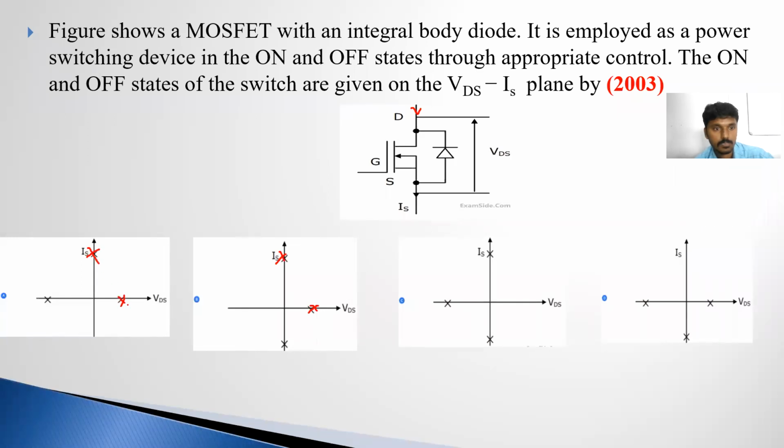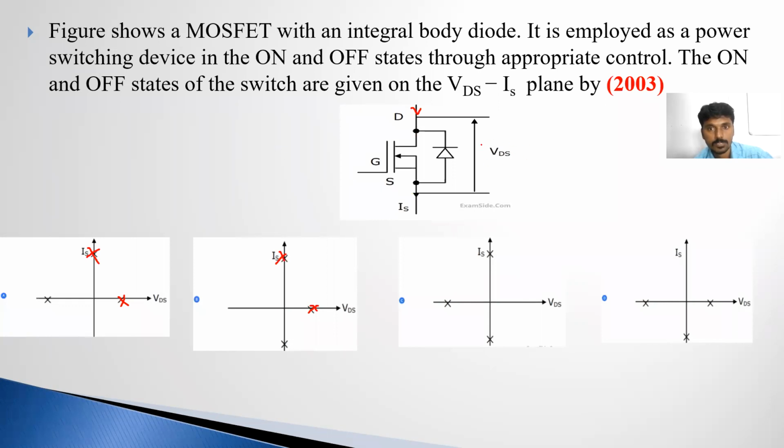Cut off region. In the off state, it will be in the off condition. Current is zero. The current will be zero, right? Yes, current is zero and voltage is positive.